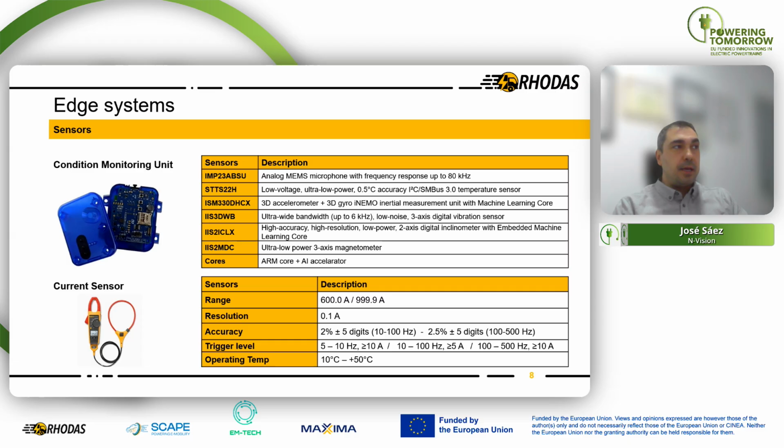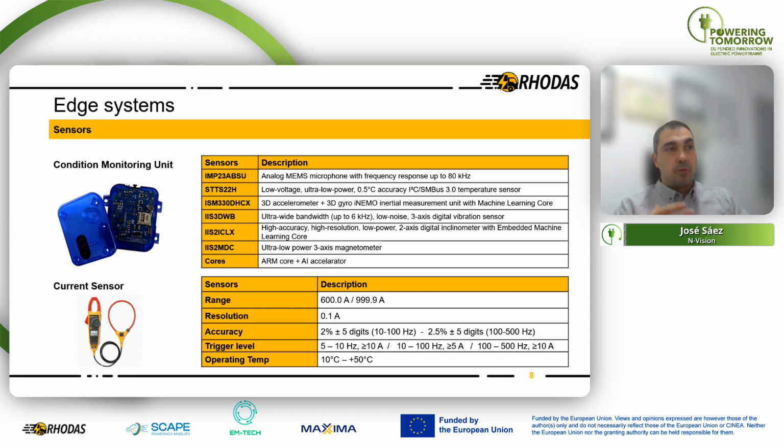This is basically, as you can see here, a small electronic device which contains quite a lot of sensors, including accelerometers, magnetometers, gyroscopes, and also a MEMS microphone that is able to collect data in the ultrasound range. And all these sensors are linked to an ARM core and AI accelerator.